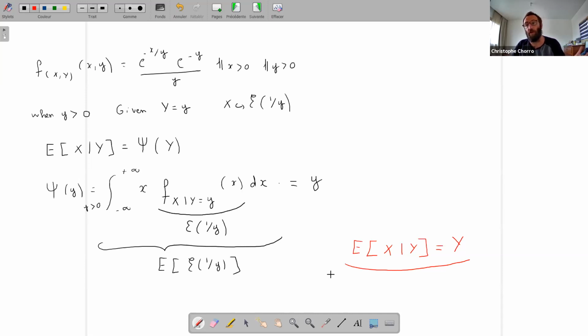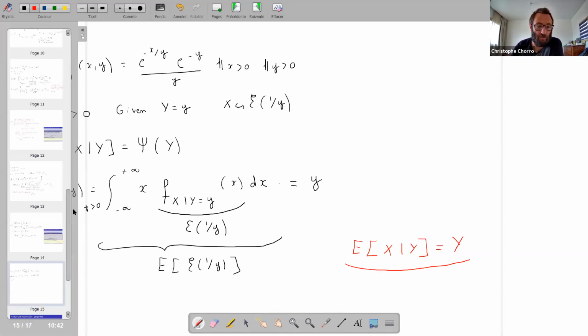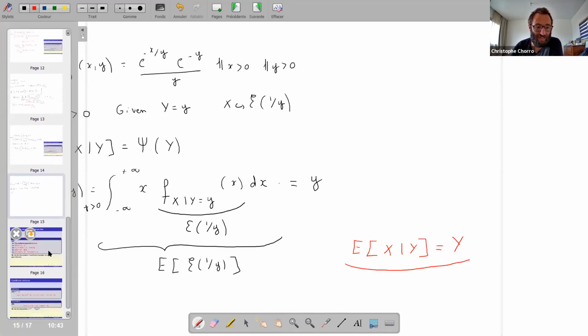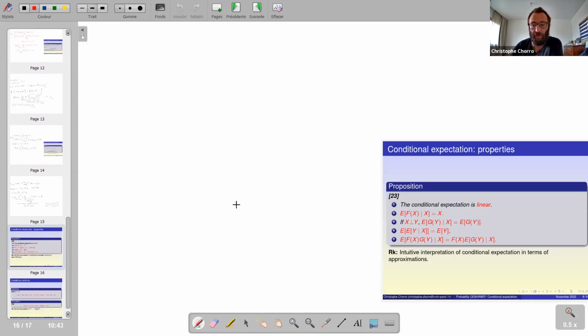That's why the computation of sums and integrals are a prerequisite for this course. So let's continue. What is nice is that we have interesting properties concerning the conditional expectation.